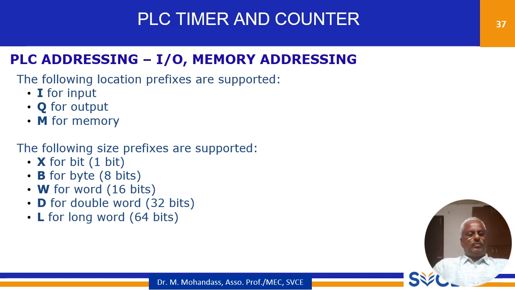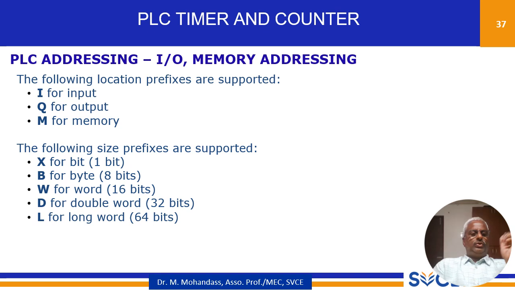So for those input or output modules, we use the prefixes I, Q or M for memory. Here I is nothing but the input. It may be the start button, stop button, or the input from the sensors.